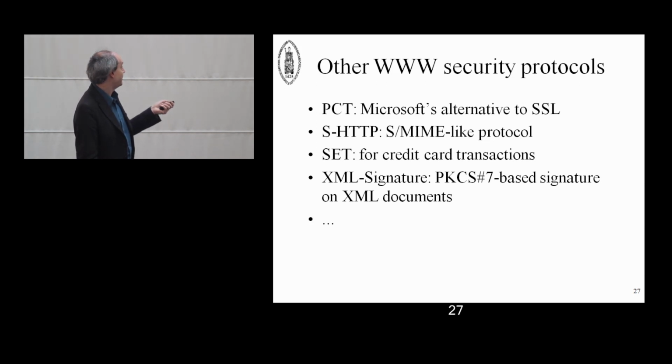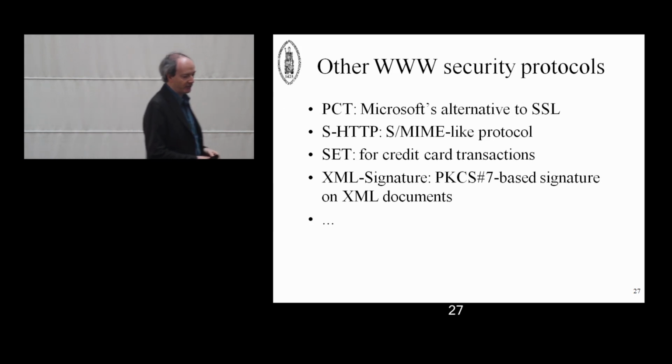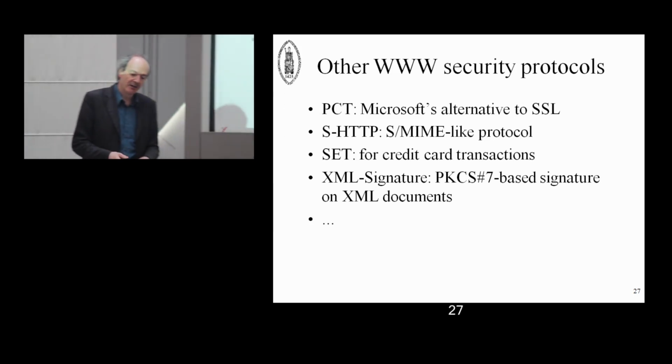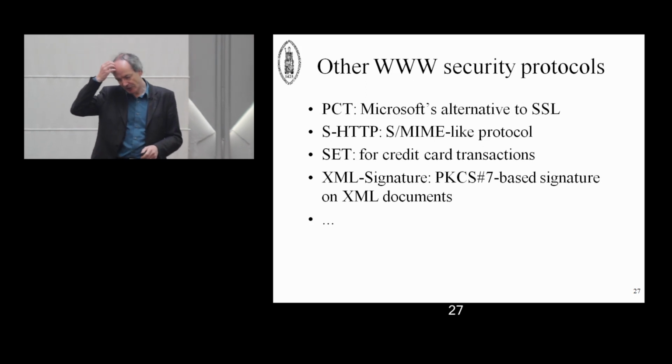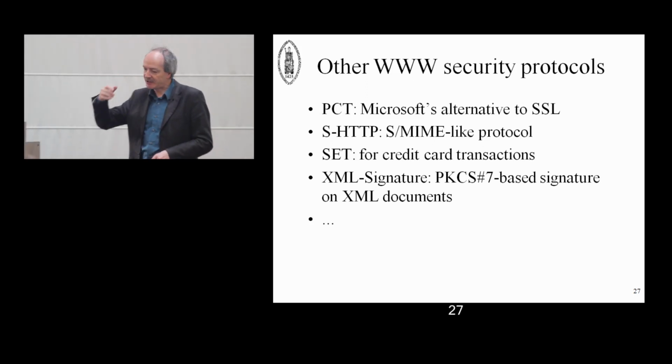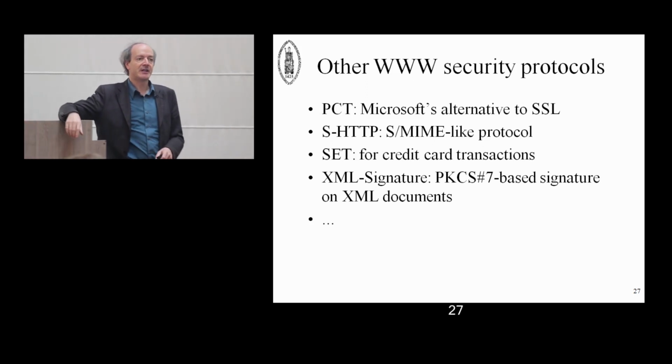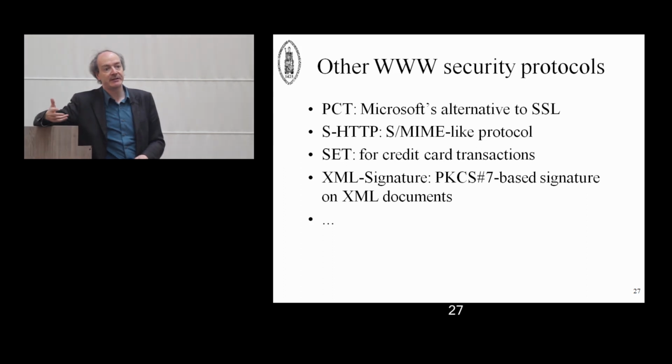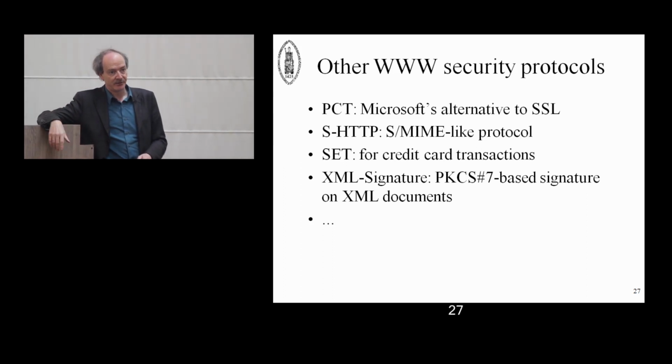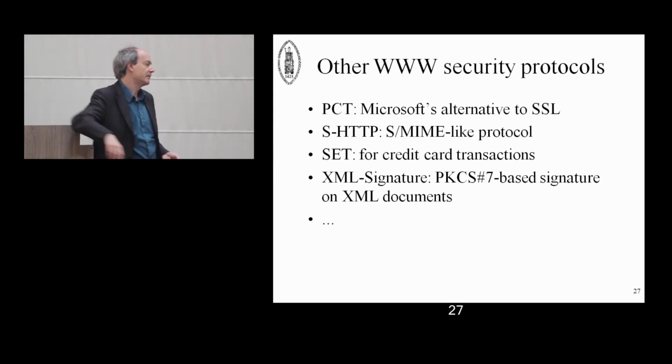And at the higher layer, for credit card transactions, people were looking at SET. XML is content protection. Essentially, I think the real security gurus wanted some message level security added on top of HTTP, some XML style stuff, but they kind of lost the battle because SSL won.